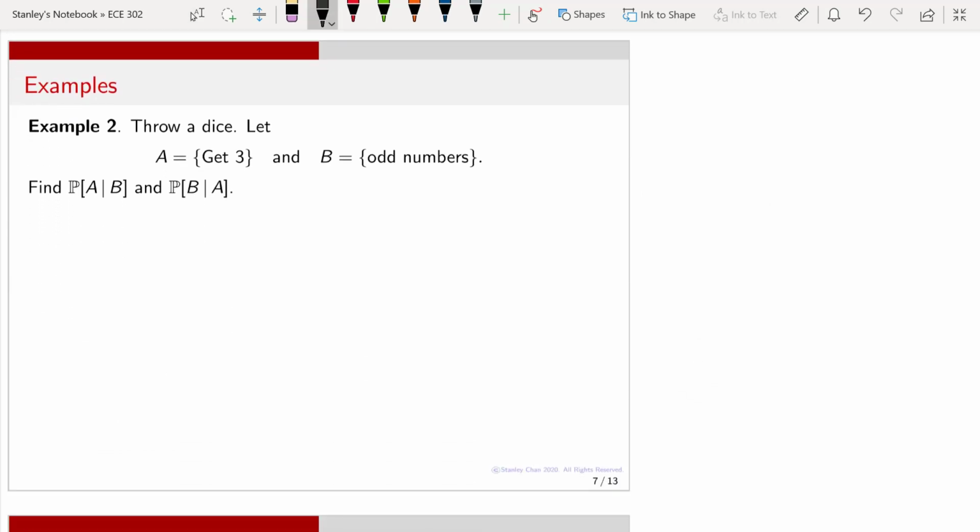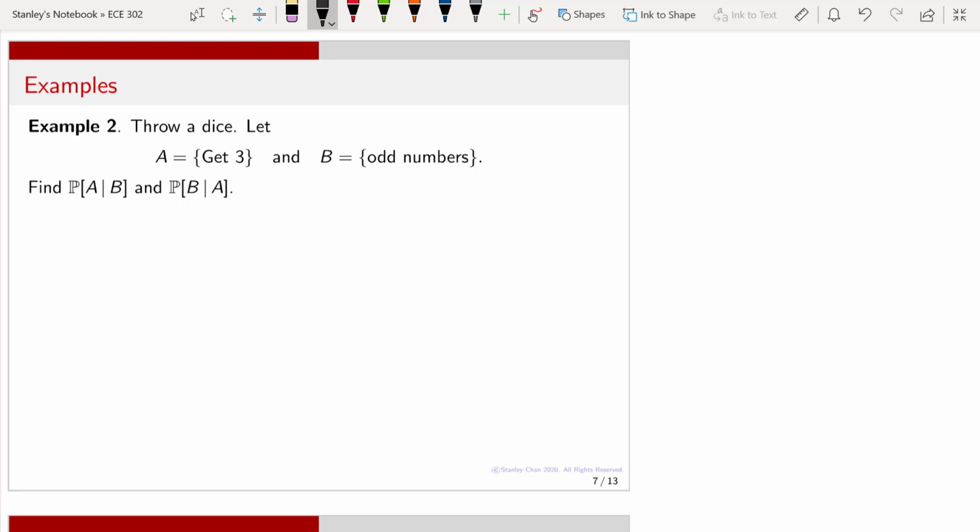Let us look at a more concrete example. In this case, let us throw a die, and suppose A is the event that you get the number 3 and B is the event that you get an odd number.